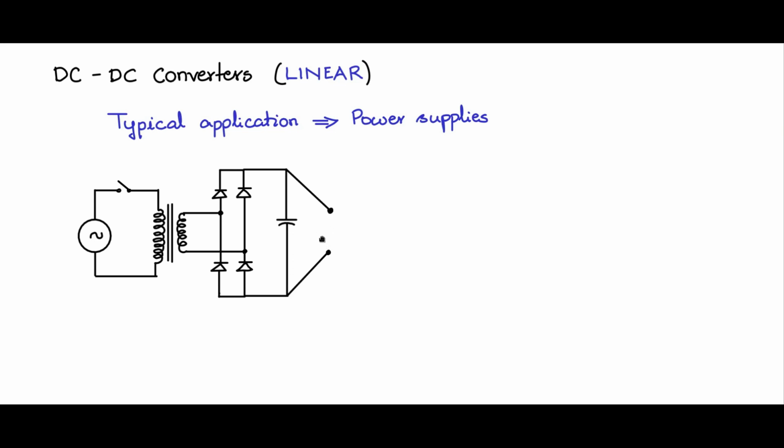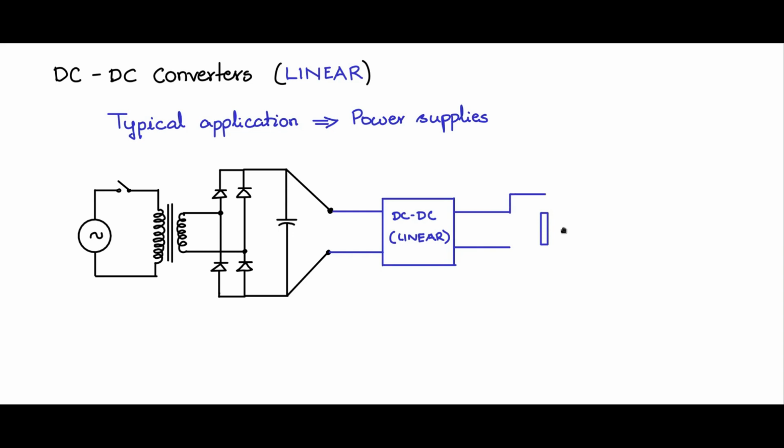So here you have unregulated DC. Now this is given to a block, and that will be the DC-DC regulator block or the linear regulator block. And the output of that, now here you have regulated DC, will be given to a load in this fashion.